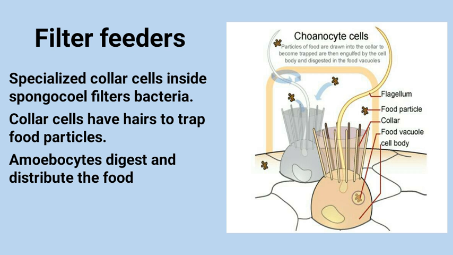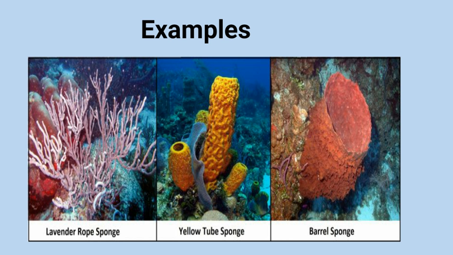They filter the bacteria and food from these water currents. Here, present in the collar cells, trap them, and amoebocytes, which are cells like amoeba, digest and distribute the food. And also waste material or the excreted products go outside of the body by means of Osculum.